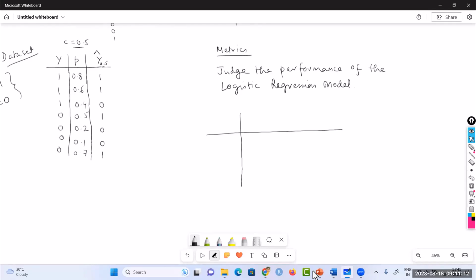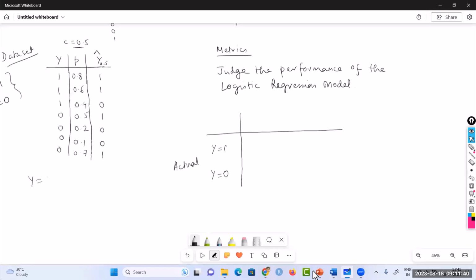Here I have my actual values in my rows, where I have these two rows. Y is actually positive or true, that means y equals 1, or y is negative or false.